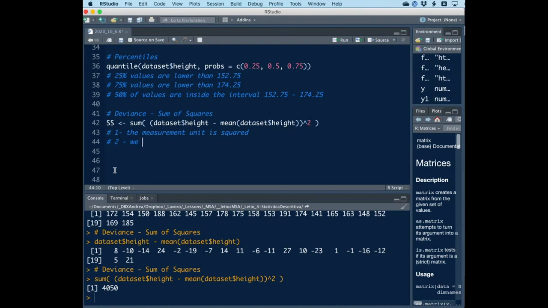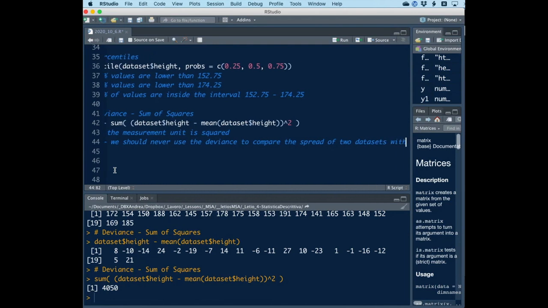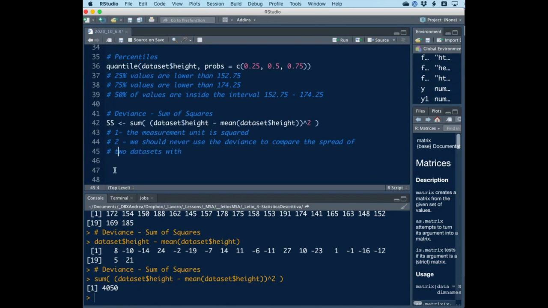So we should never use the deviance to compare the spread of two data sets with different numerosity. Right?